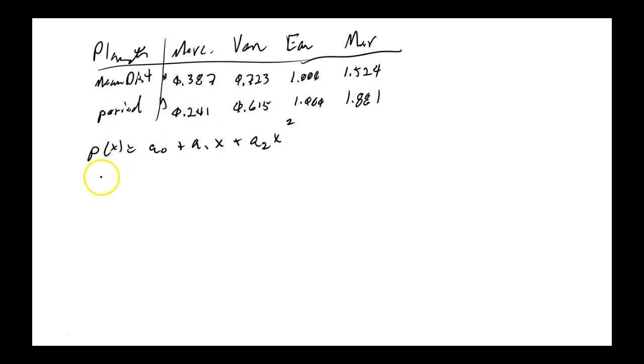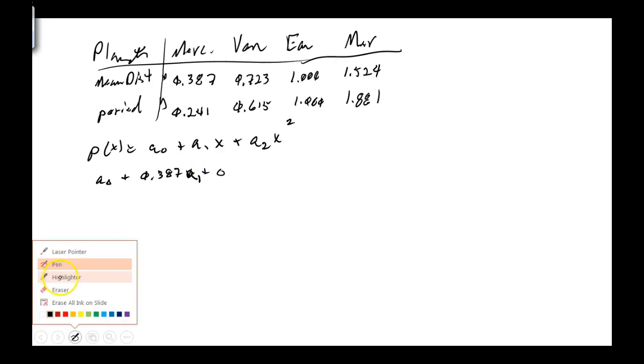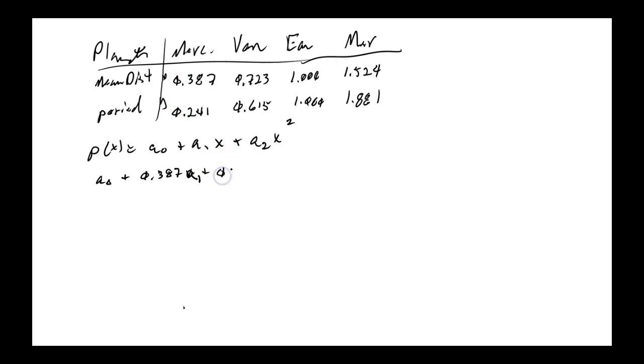So the first would be A0 plus 0.387 A1. I always want to put the x being the variable. It's not. Plus 0.387 squared A2.